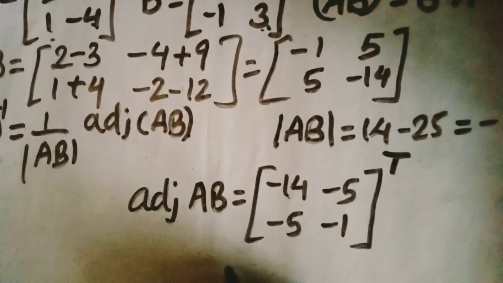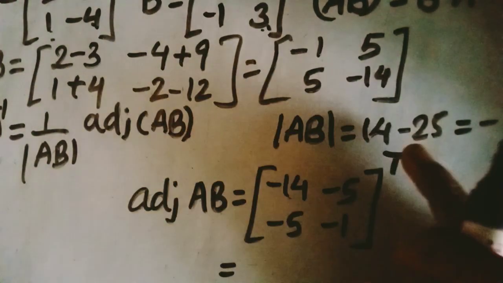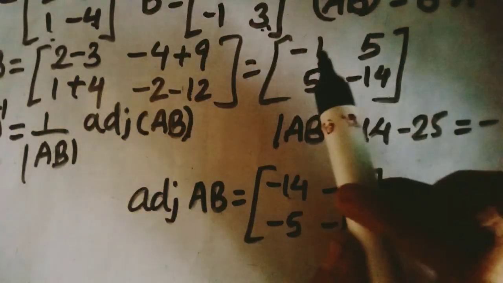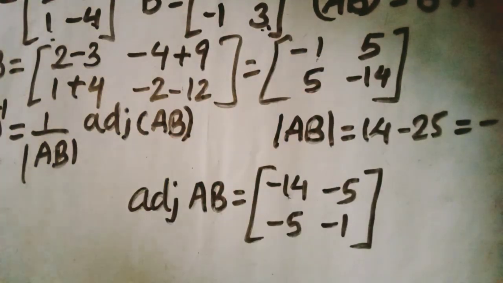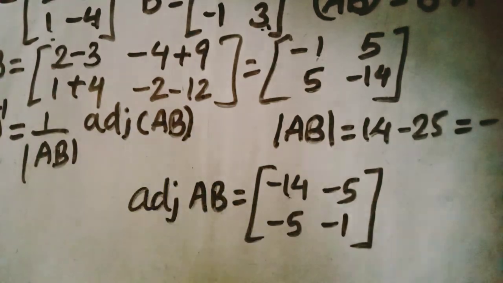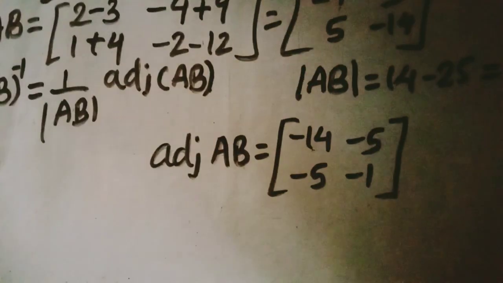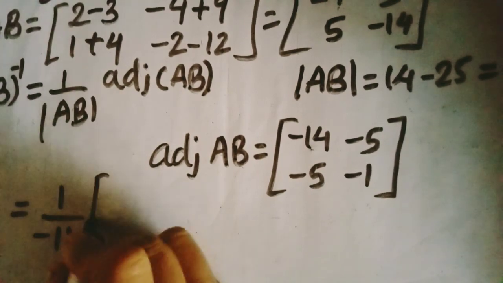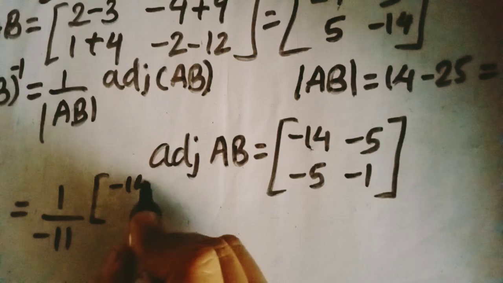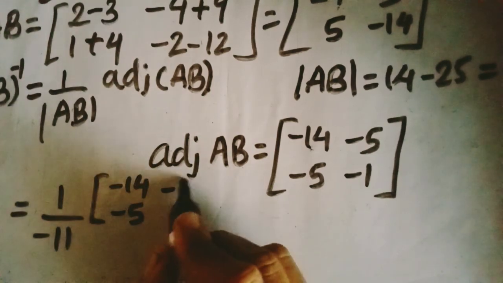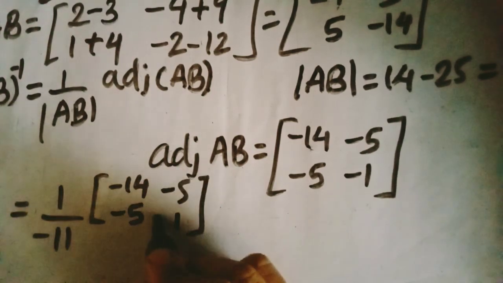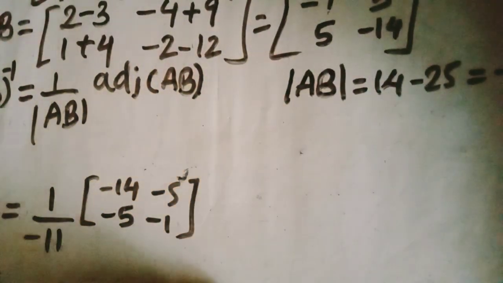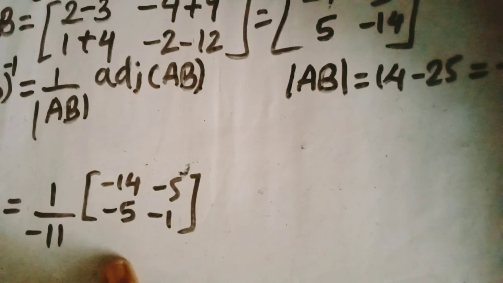This is direct; when you take cofactors, then you have to take the transpose. So this is your adjoint of AB. Now put values in this. So 1 upon minus 11 into adjoint of AB, minus 14 minus 5, 5 and 1, minus 1. So this is your AB inverse.